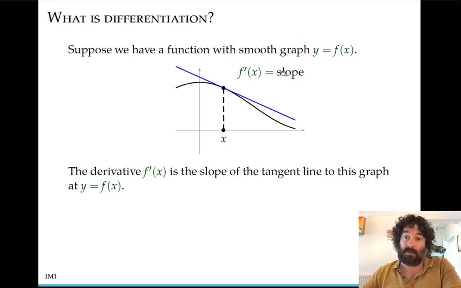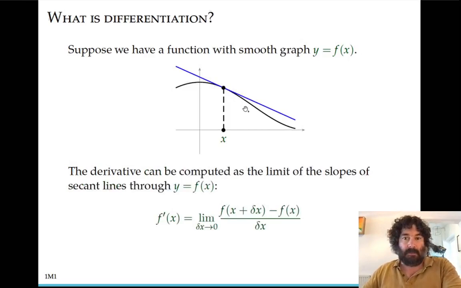And the slope, you should be familiar with the slope of a line, but this is the amount that it goes up or down divided by the amount it goes over in a given interval. And so the derivative of this function is defined to be the slope of the tangent line at the given point.